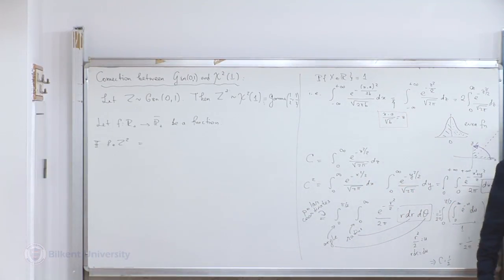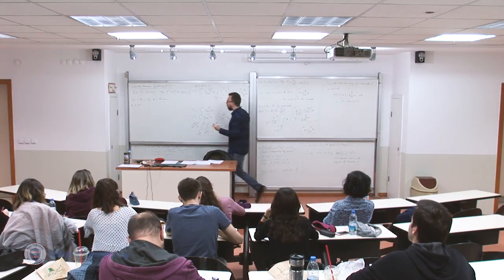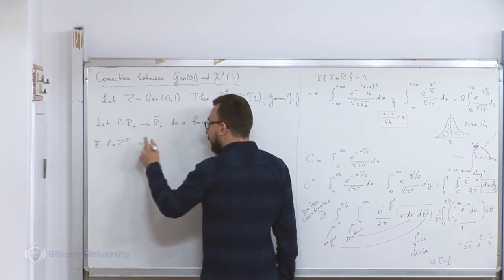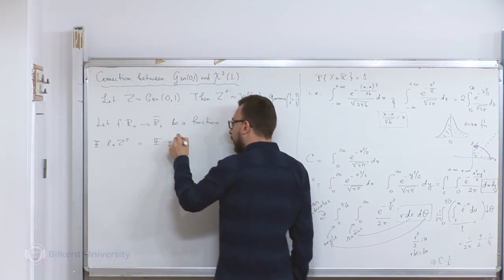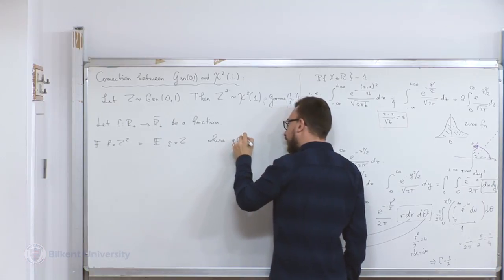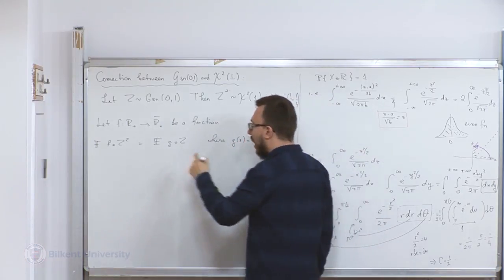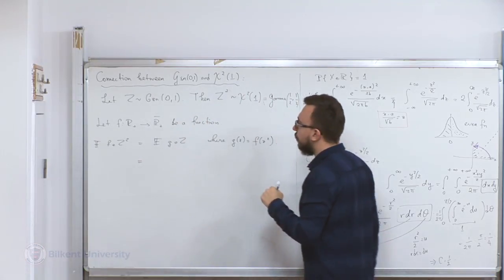Well, Z square is the thing in question, right? We don't know the distribution of Z square. We know the distribution of Z. So let's use the distribution of Z. We can see it as G of Z, where G of Z is defined as f of Z squared.